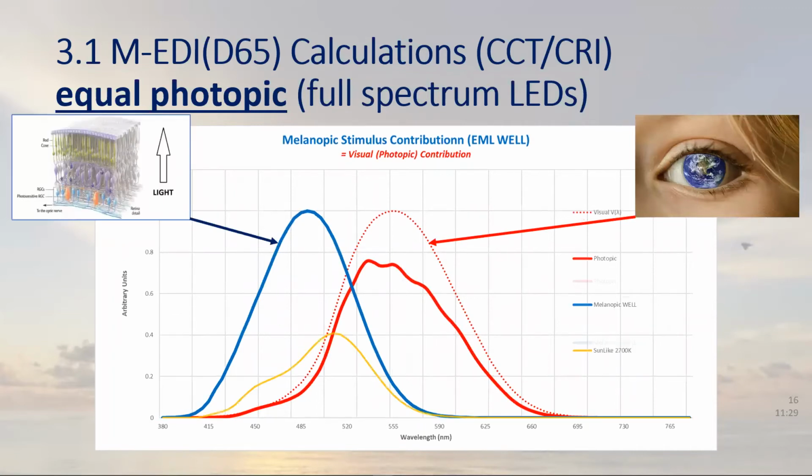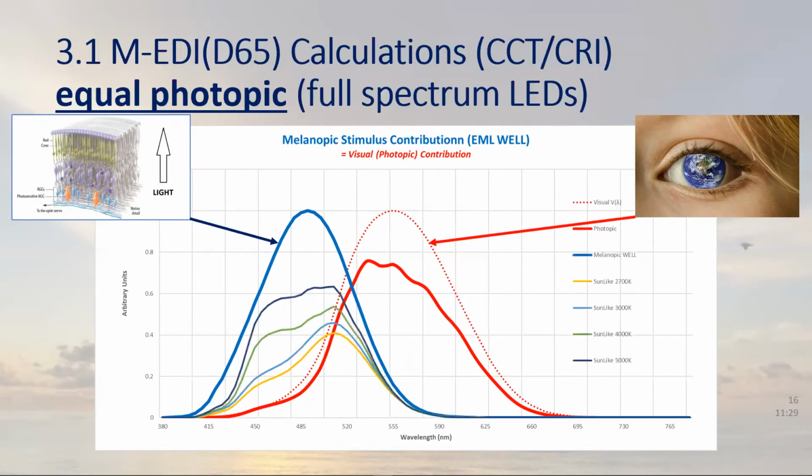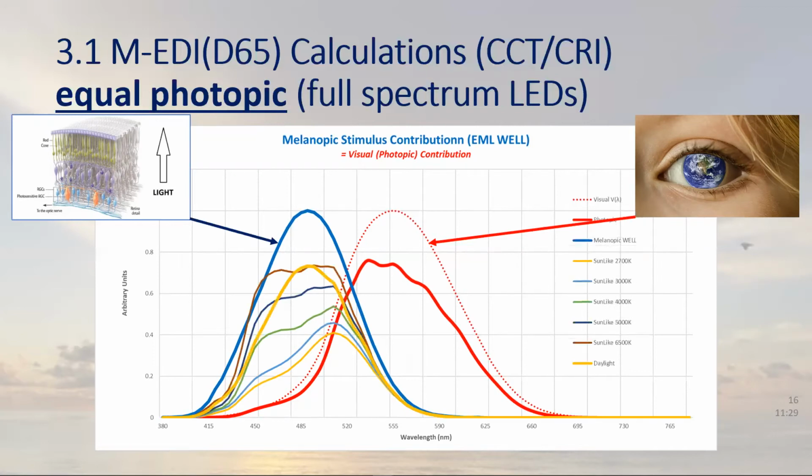This is what 2,700 is providing, 3,000 is increasing the melanopic, 4,000, 5,000, 6,500, and daylight. So we can see that as we increase CCT, we get more melanopic stimulus for the same visual stimulus.